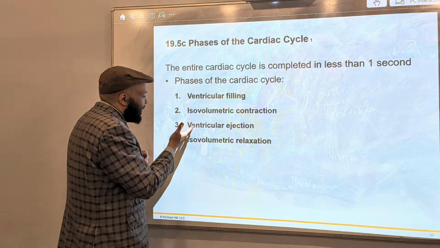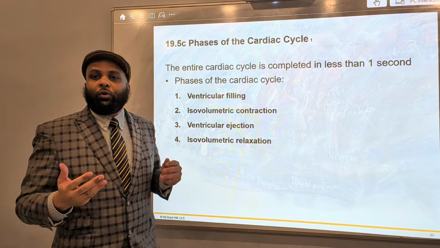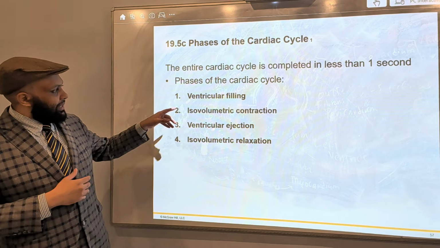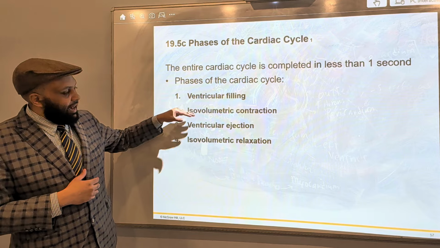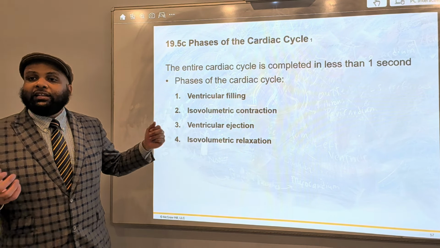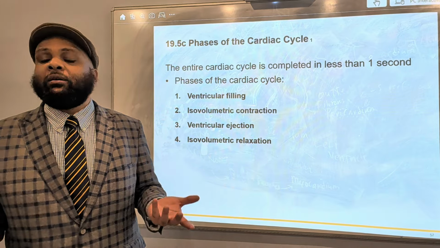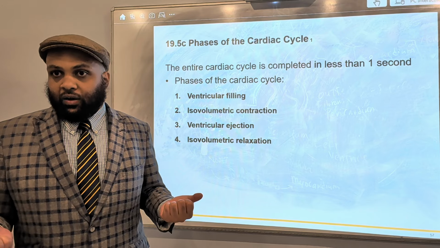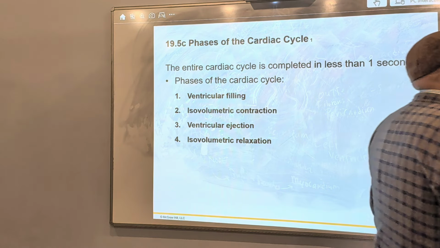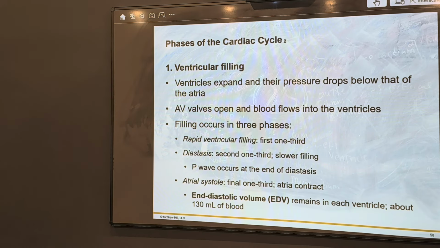So those 2 phases are very important to ensure that the ventricles have been filled with blood and the ventricles have been emptied of blood. There's no more remaining blood in the ventricles. Okay? So now when we look at the figures, these figures are showing you that the ventricular filling is your ventricle expanding and then pressure drops below the atria.